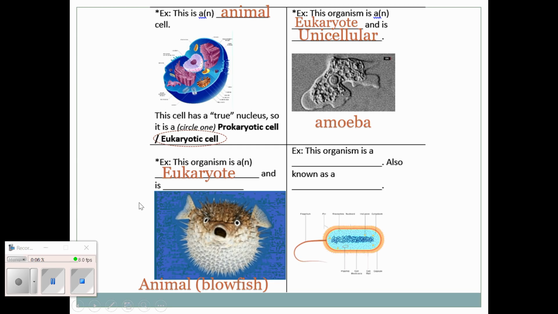So because it's an animal, it is made up of eukaryotic cells, so it's a eukaryote, and it's made up of more than one cell, so it is multicellular. The last organism is a bacteria, also known as a prokaryote because it does not have a true nucleus.